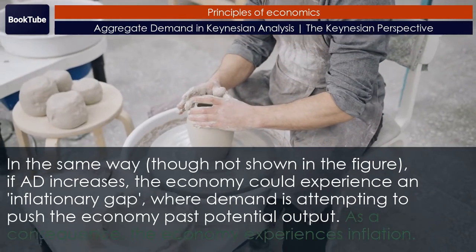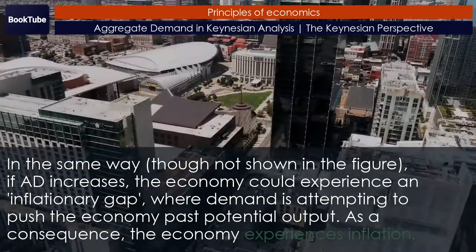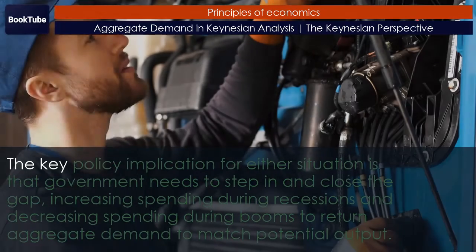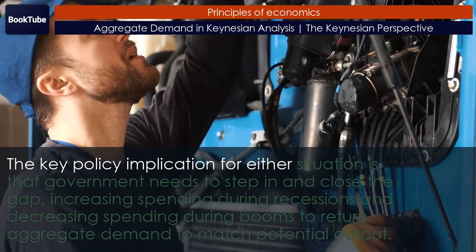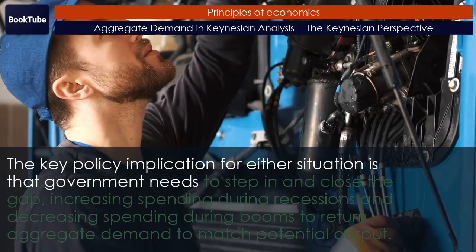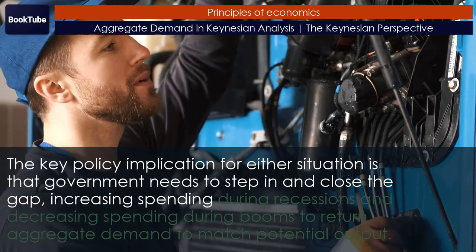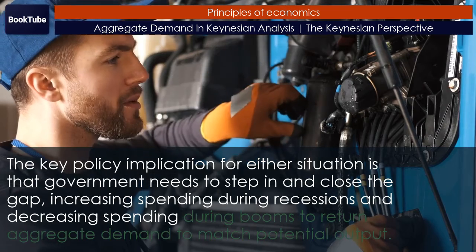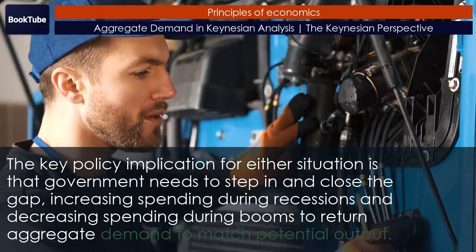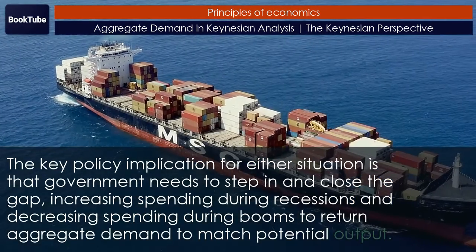As a consequence, the economy experiences inflation. The key policy implication for either situation is that government needs to step in and close the gap, increasing spending during recessions and decreasing spending during booms to return aggregate demand to match potential output.